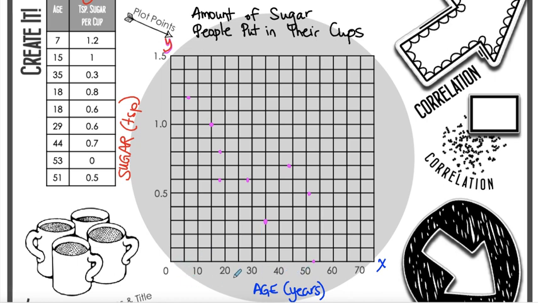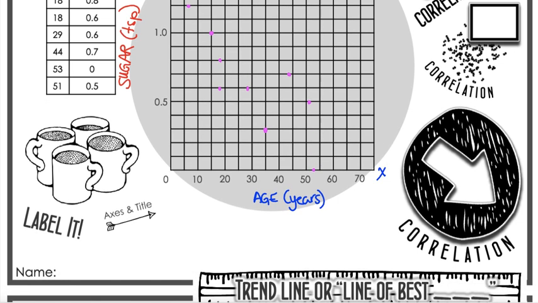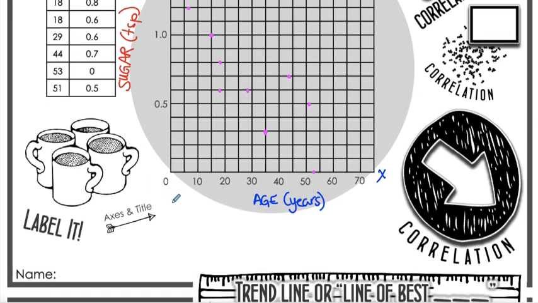So age is variable 1 and sugar is variable 2. And maybe I'll put that down here at the bottom. So the relationship would be as a person ages, the amount of sugar in their cup decreases.